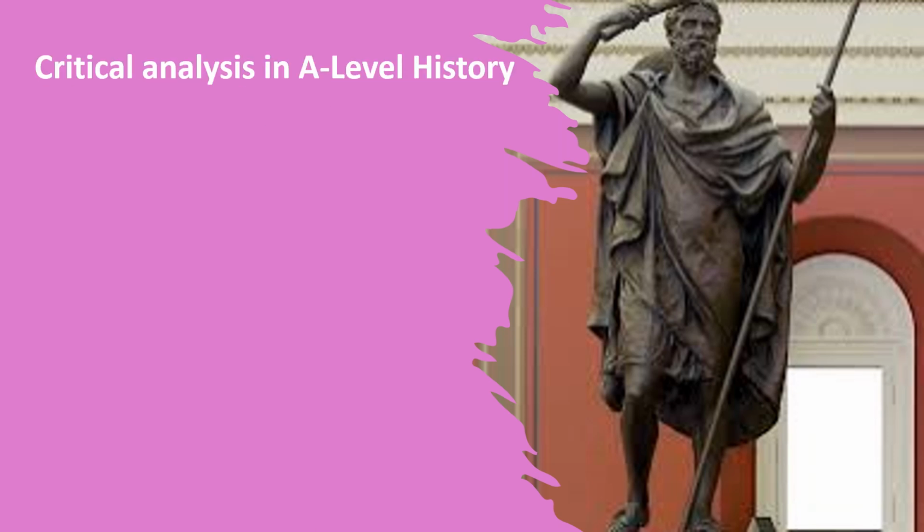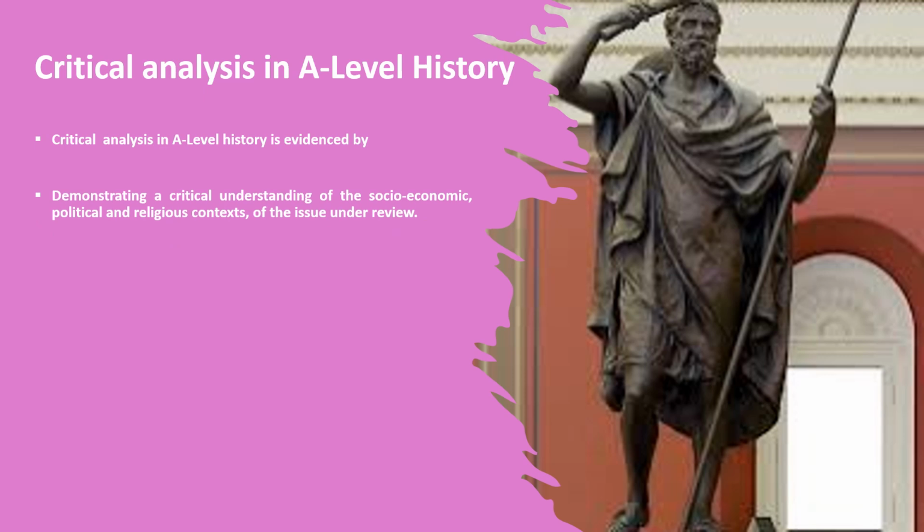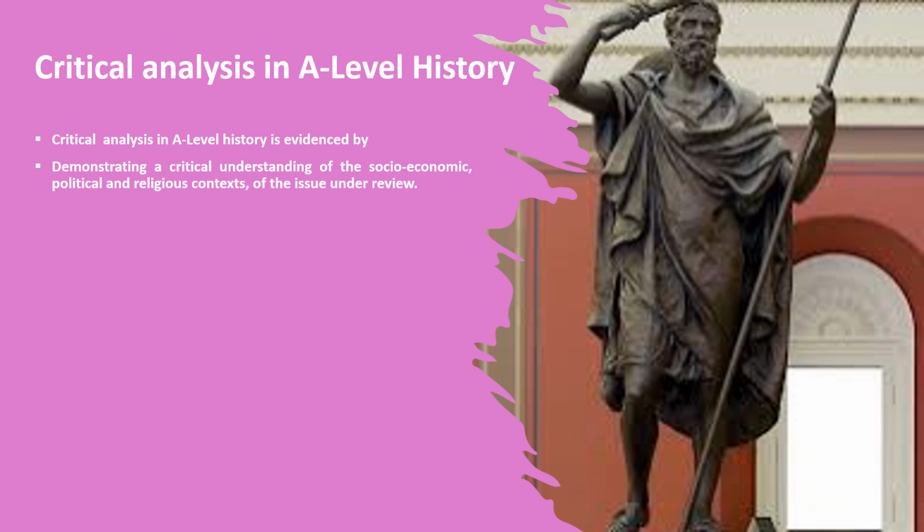So, how do you, the student, demonstrate and evidence critical analysis in A-level history? Critical analysis is evidenced by demonstrating a critical understanding of the socio-economic, political and religious context of the issue under review.